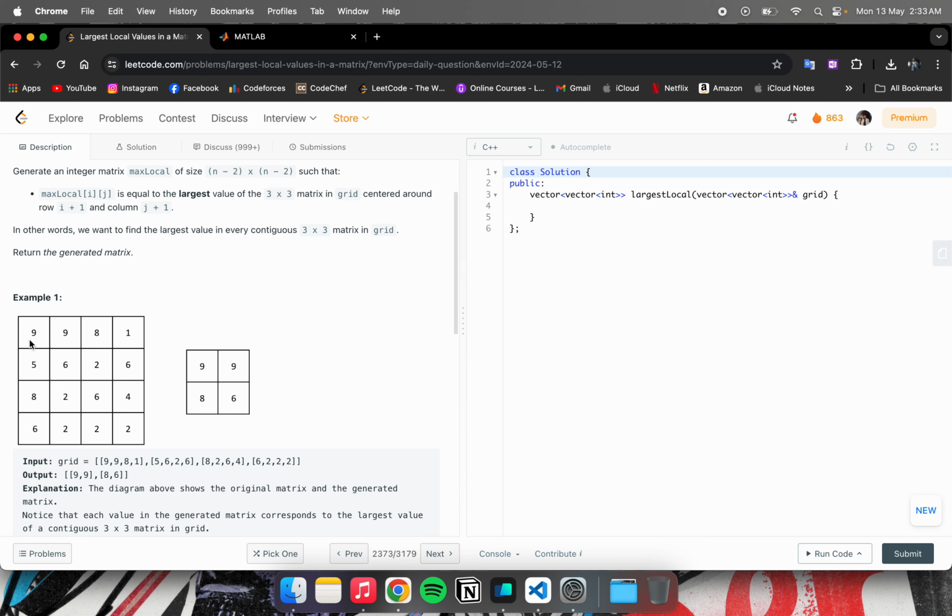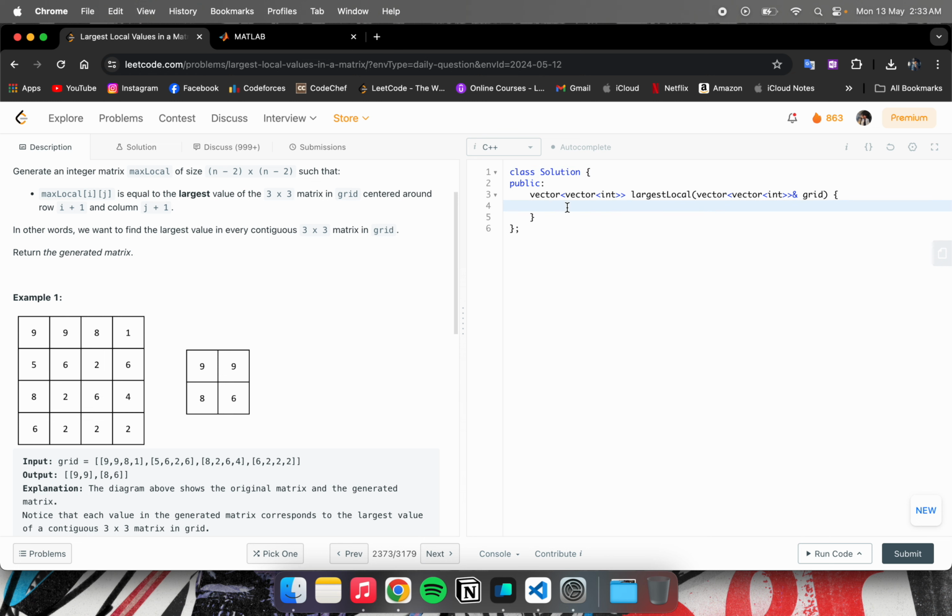So the first matrix is centered at 1 comma 1. The second matrix will be centered at 1 comma 2. The third matrix will be centered at 2 comma 1, and the fourth matrix will be centered at 2 comma 2, right? So this is a fairly simple problem.